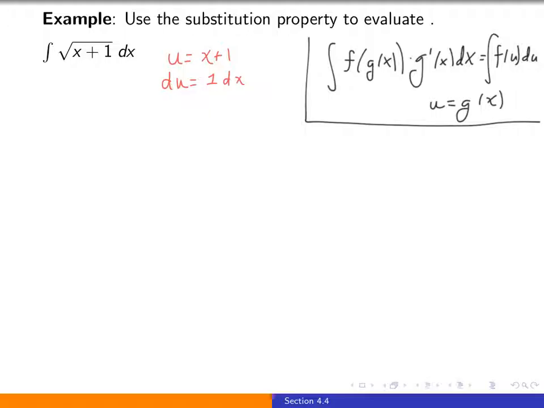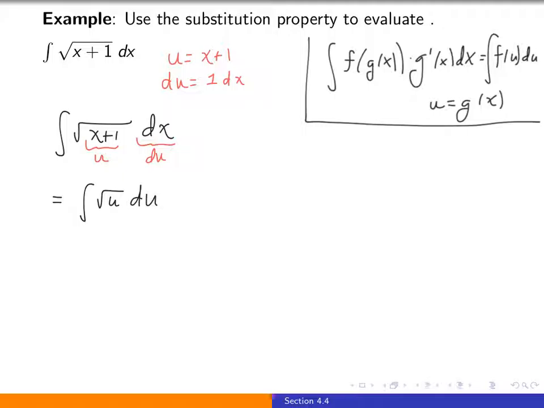I want to use these to rewrite the integral solely in terms of u. So we have the antiderivative of the square root of x plus 1 dx. X plus 1 we said is u, and dx is du. So we can go from solely the variable x to solely the variable u.